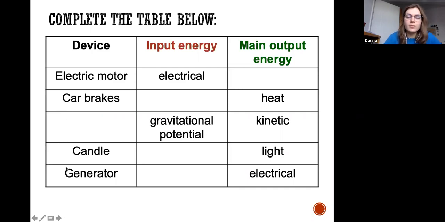What kind of device do you think is going from gravitational potential as their input to kinetic as their main output? What do you think? It could be any kind of object.